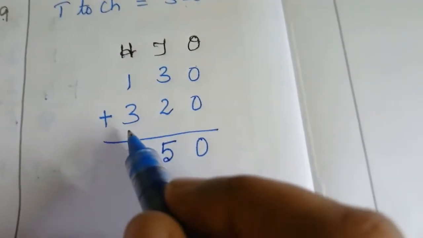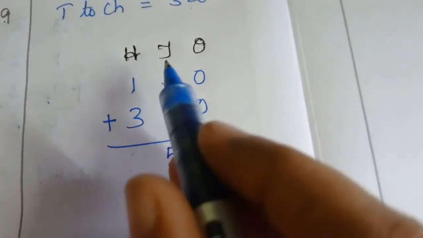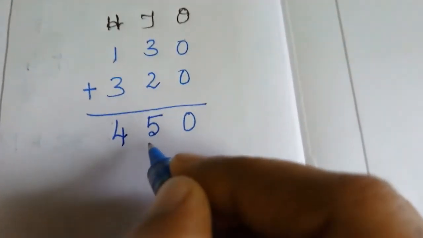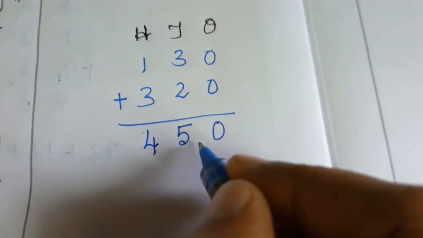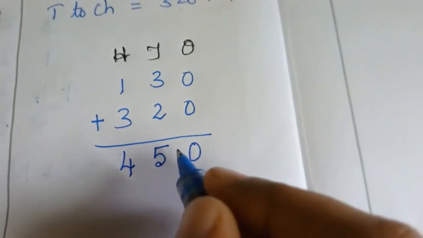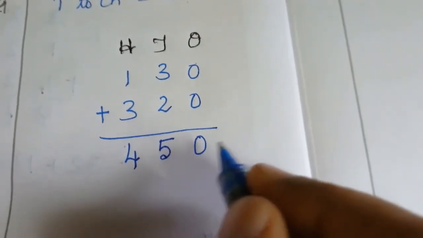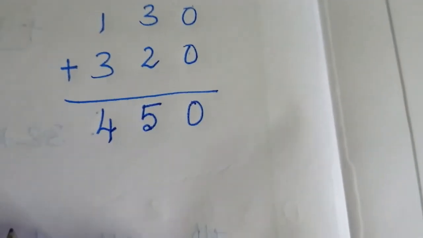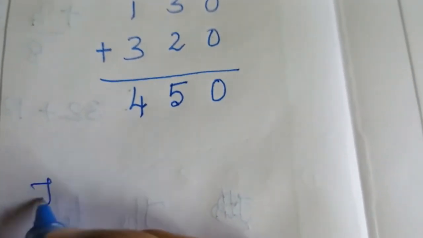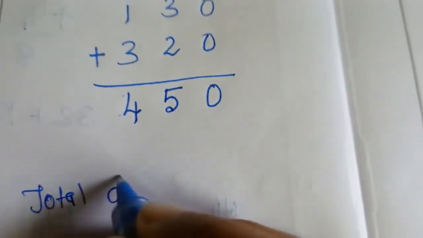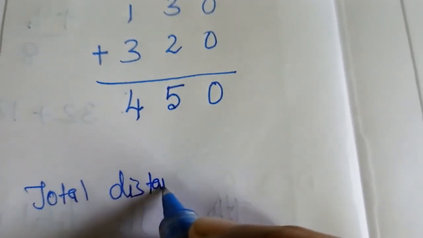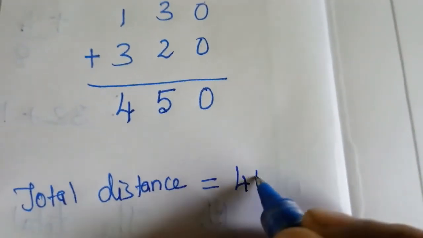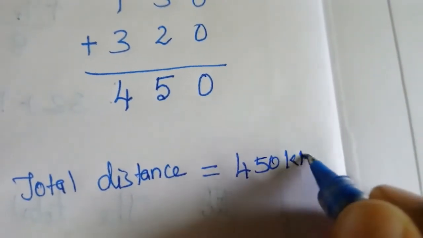So keep 3 in mind and take one finger, 3, after that 4. So the total distance travelled by Sita's cousins from Madurai to Chennai is 450 kilometers.